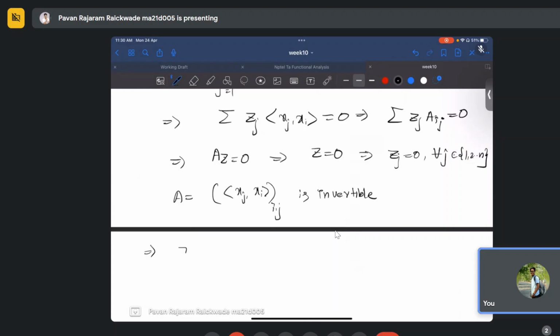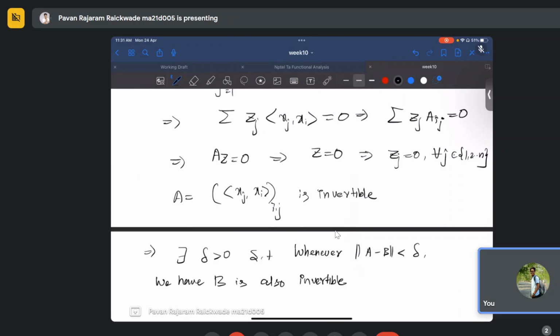That means there exists some delta such that whenever the norm of A minus B is less than delta, B is also invertible. This we know because the set of all invertible matrices is open.